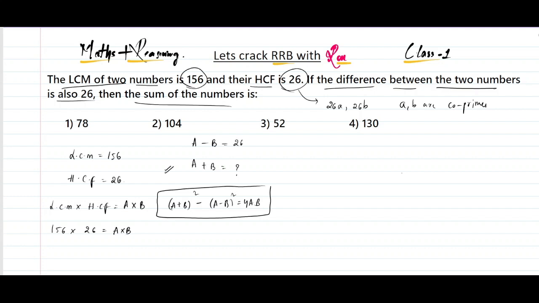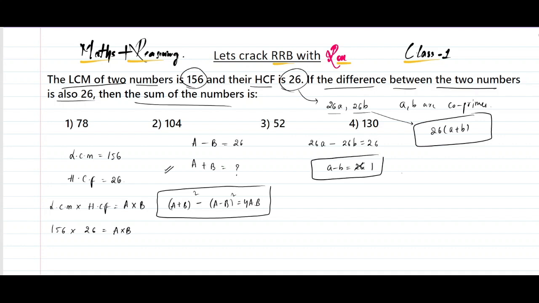So we need to find the sum of the numbers, meaning 26 times (a plus b), and they are given A minus B is 26. So if I substitute 26a minus 26b equals 26, the 26 cancels, so I have small a minus b value as 1. But I want a plus b value.